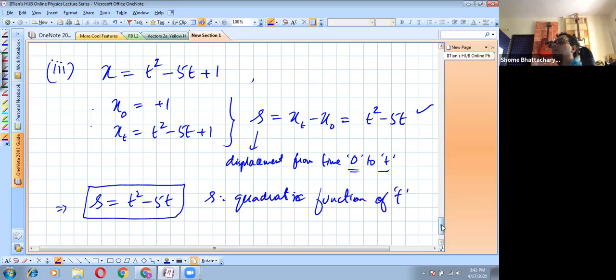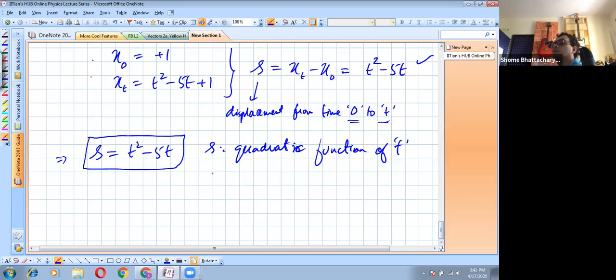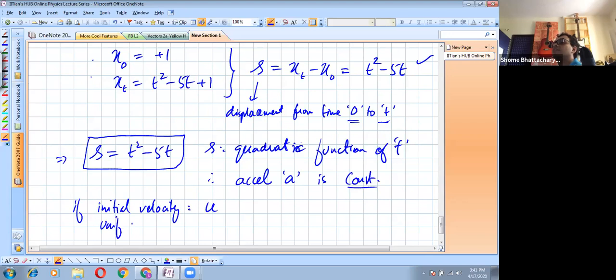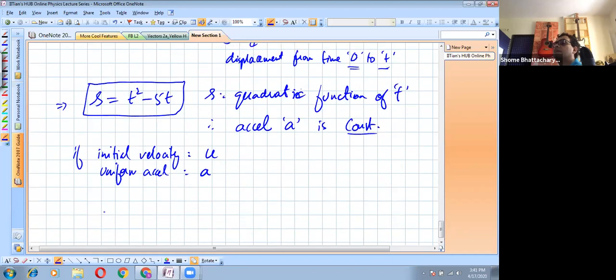So what does that tell us? That means the acceleration is constant. Therefore, acceleration a is constant. So we know that if initial velocity is given by u and uniform acceleration or constant acceleration is given by a, then what is the formula of displacement as a function of time?